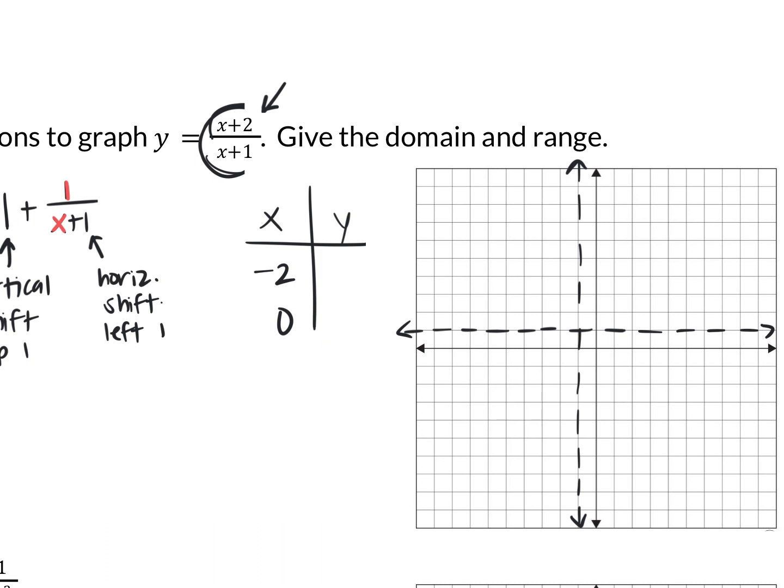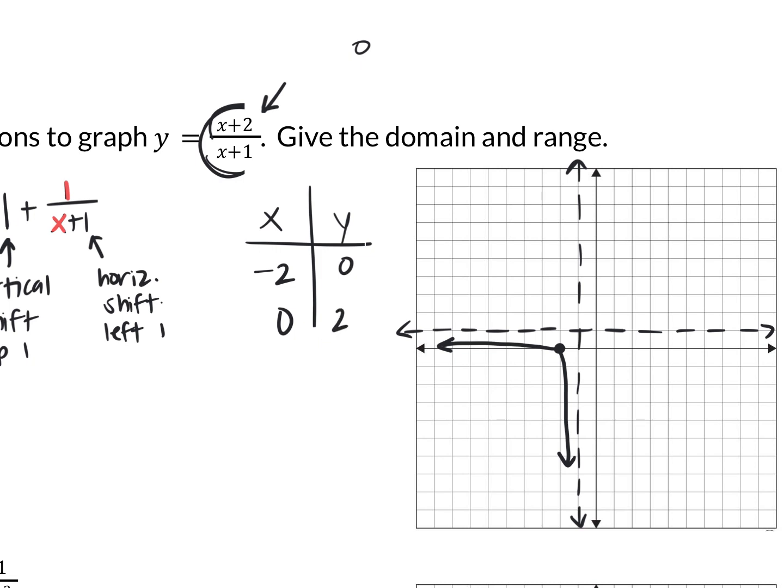If I plug in negative 2, that would give me 0 on top. So what is that going to give me? 0, right? If I divided it by negative 2 plus 1, it would still give me 0. So I can plot a point at negative 2 comma 0, and I know that my graph is going to look something like that. I can figure out my domain and range from that. That is enough information. If I plug in 0, 0 plus 2 over 0 plus 1, that gives me 2.